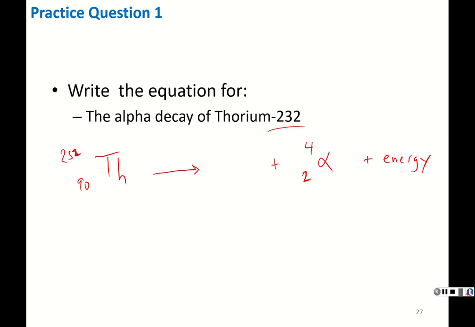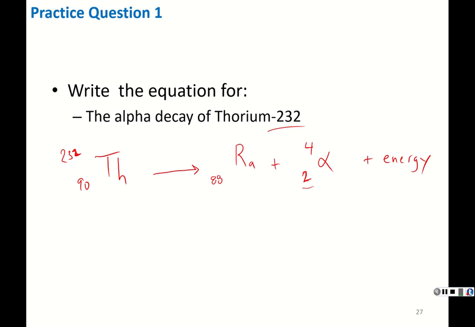Okay, so what does this change into? Well, 90, we're going to have to subtract 2 from that because that's what the alpha particle has for its number of protons. So now we have 88 protons. If we have 88, looking at the periodic table, that is radium.